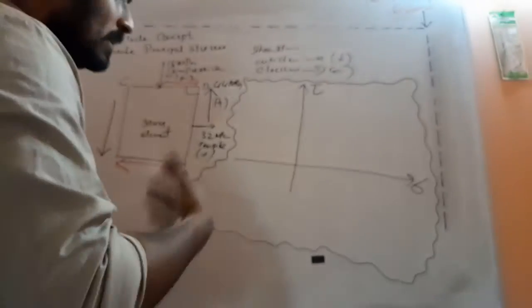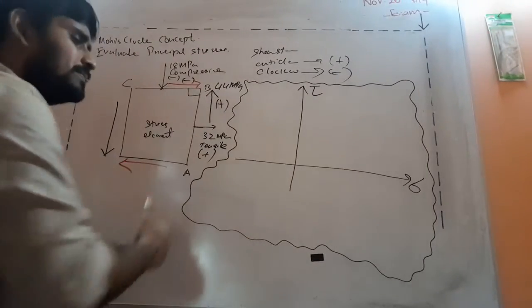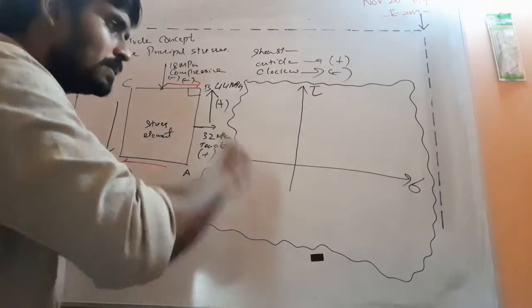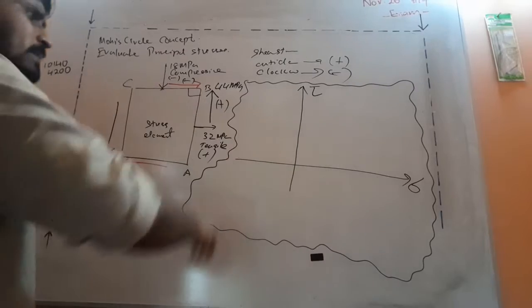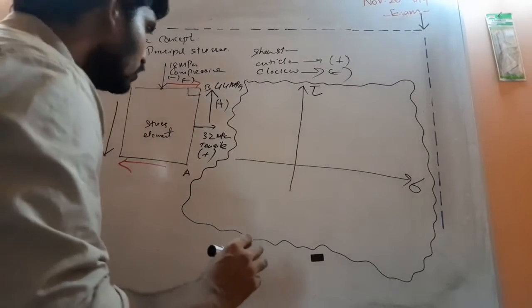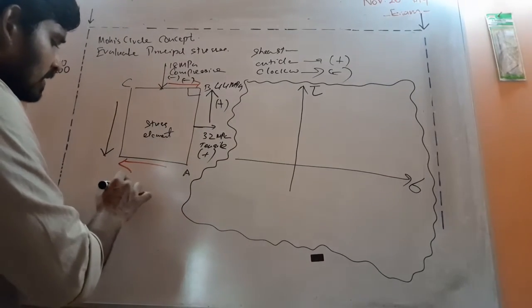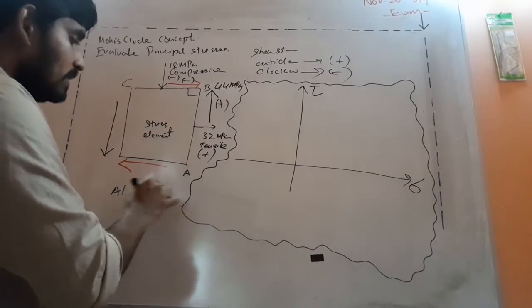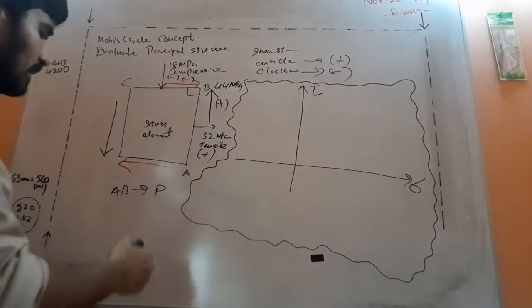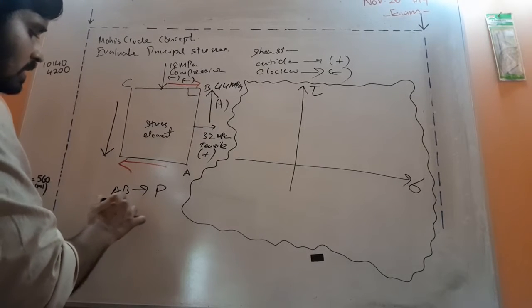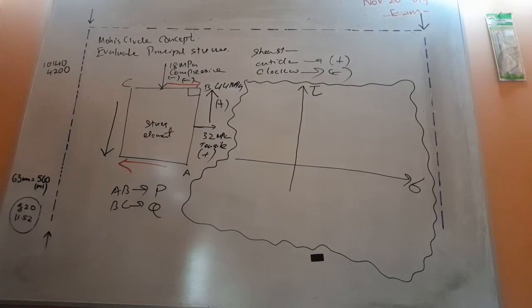So the effect of those stresses on this side we are going to represent by using a point. So let's say this side AB we are going to define by point P, okay, and side BC we are going to define by a point, say Q, okay.